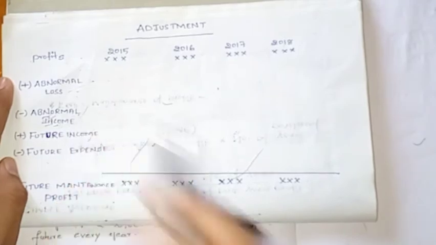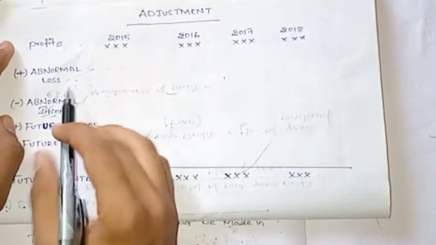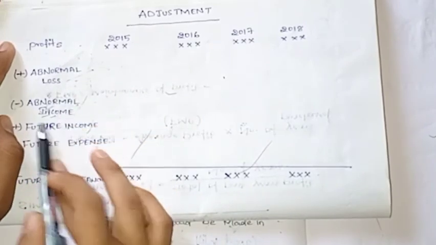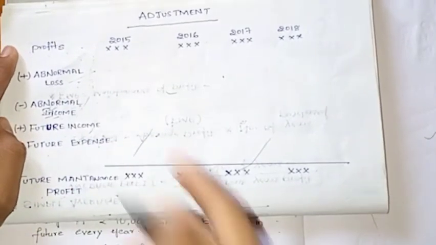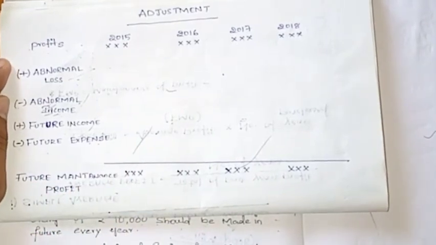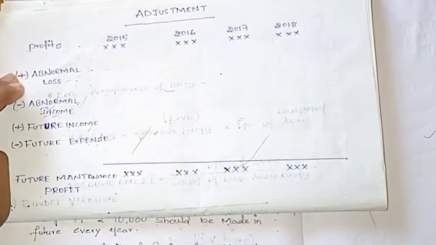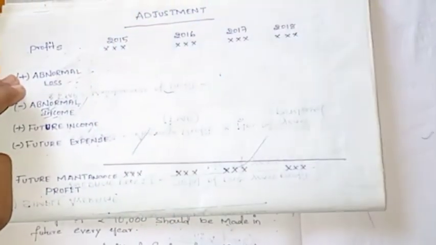So you have understood about abnormal loss and abnormal income, right? We are going to do the opposite of this. Opposite: loss will be added and income will be subtracted. Then you have future income and future expenses. The future income and future expenses mean the income and expenses which will happen in the future.